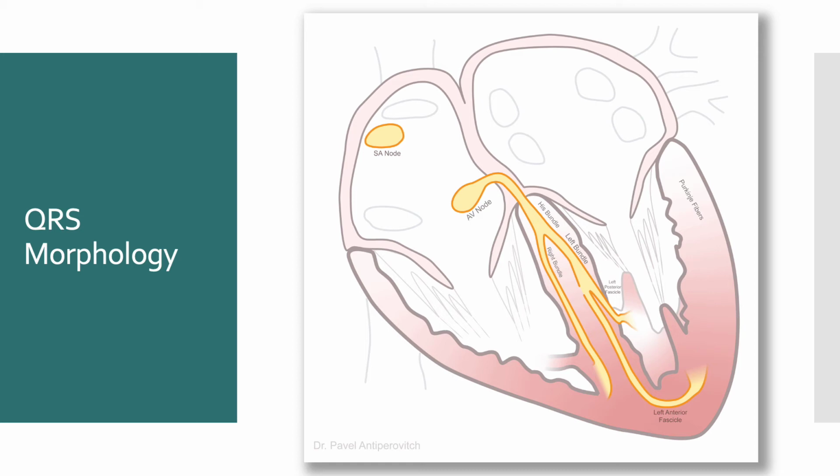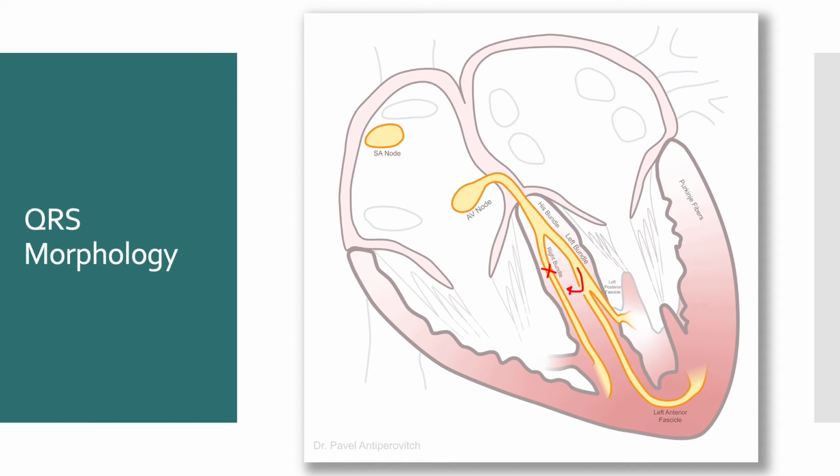If there's a right bundle branch block, there's no conduction down the right bundle. It's important to note that the first part of the QRS is actually septal activation. The first little Q in a QRS is actually quite normal, and you can see it in a lot of the lateral leads. This represents a left to right septal activation, which takes place via the left bundle.